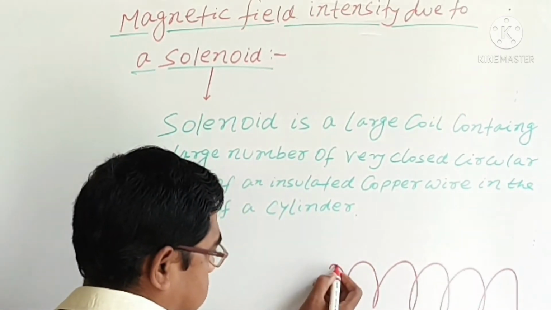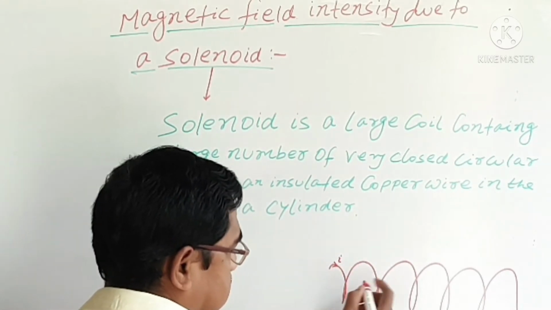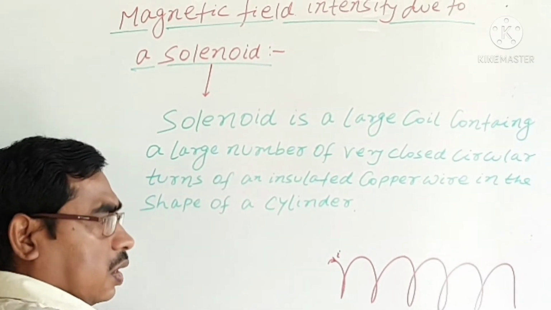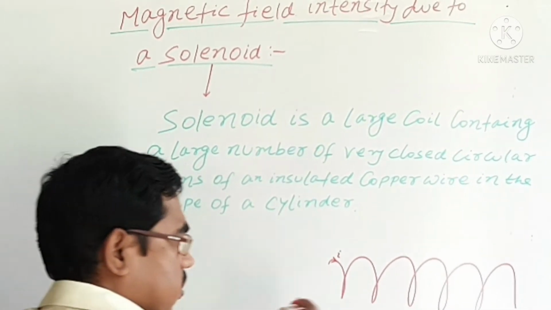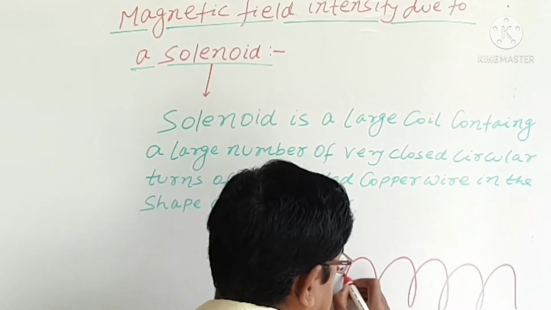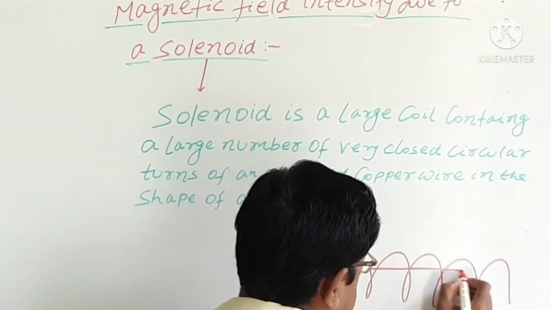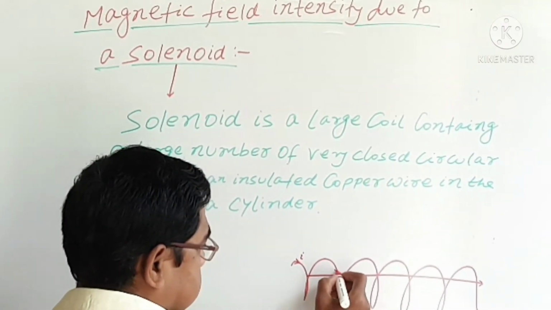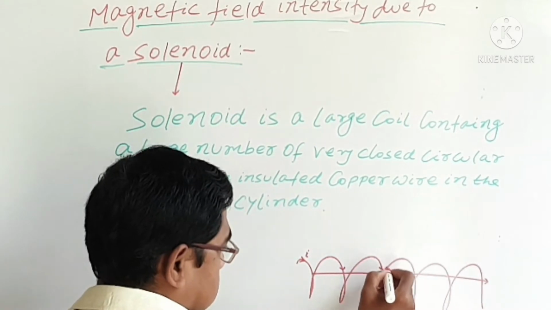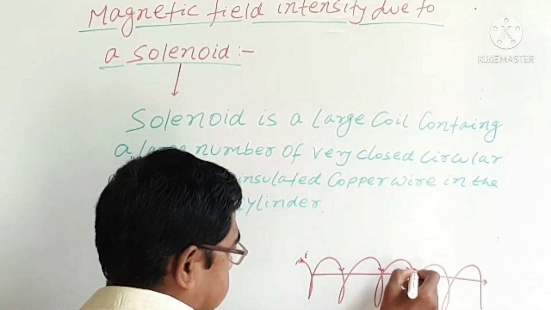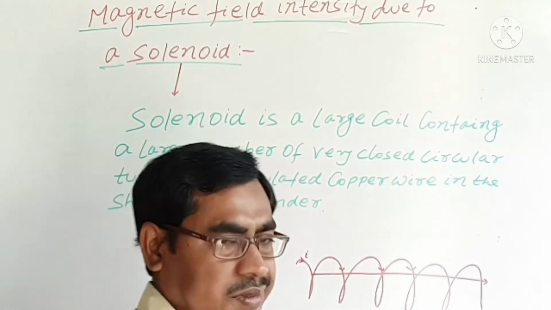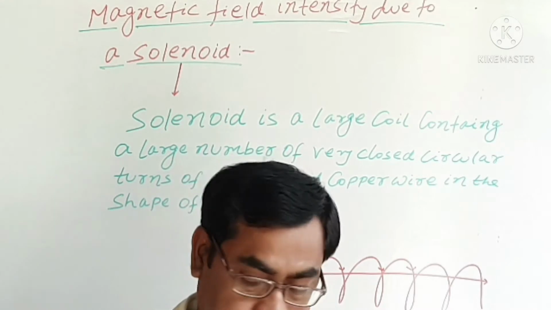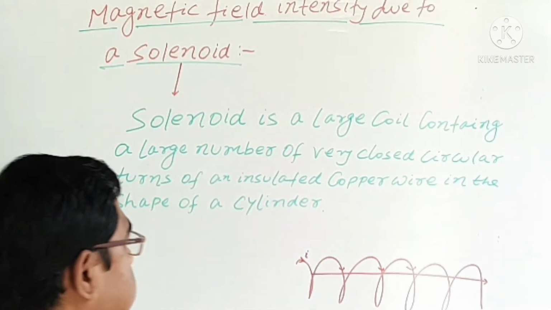If we pass this current I and the wire is not insulated, then it is treated as a conducting material, and the current passes straight through. So, to move electric current in a circular way, we need to insulate it. So, each turn is insulated. Okay. Now we erase it.